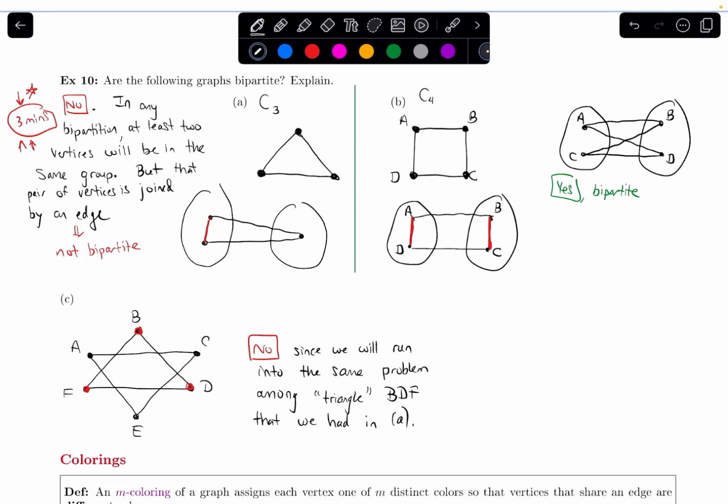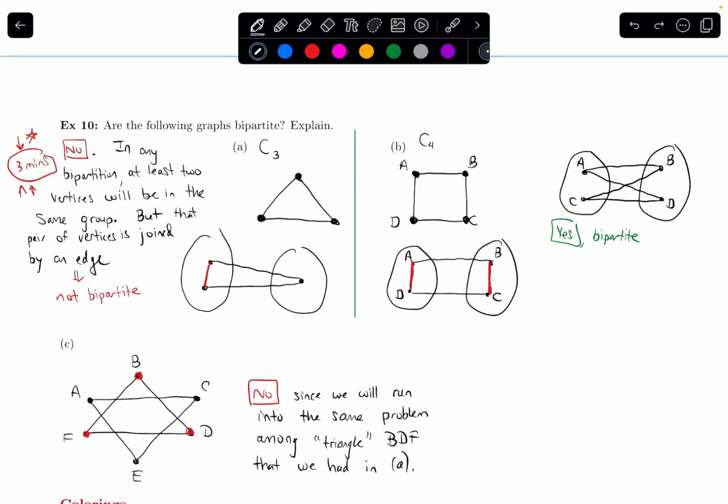Having triangles like that creates problems when it comes to bipartite stuff. So the fact that there's a problem just from that triangle means that no matter what we do with any of the other vertices, that doesn't really matter. The first triangle already is a problem. The other vertices, throwing them into the mix, that's not going to fix the problem.